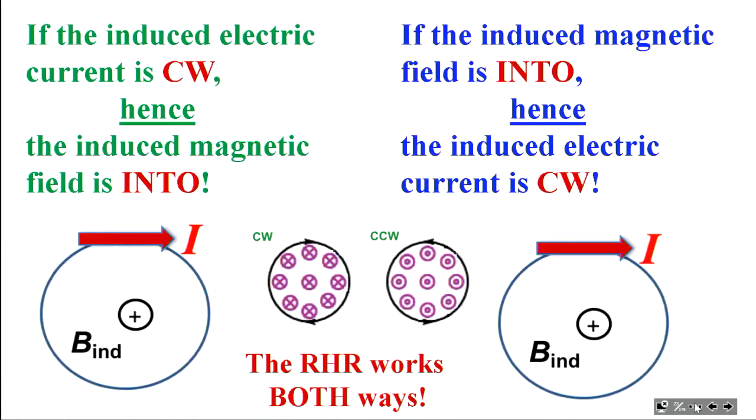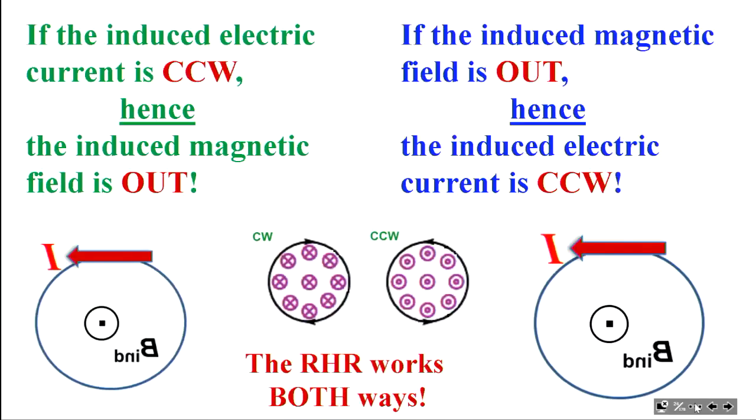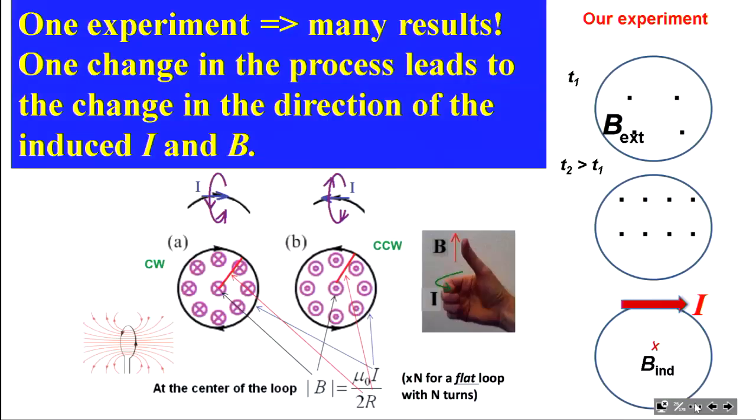But the same rule also tells us what should be the direction of current if we know the direction of the field, because the same rule works both ways. It's the same picture, you just read it backwards. If magnetic field points into the screen, that means electric current which generates it should be clockwise. If magnetic field points out of the screen, that means electric current which generates it should point counterclockwise. So the same relationship, but we should use it differently.